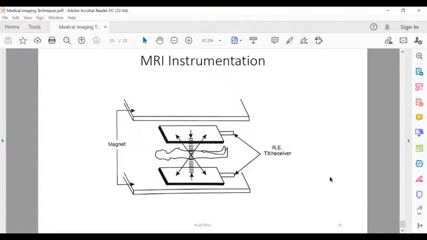There are several MRI techniques available, like the ECG-gated spin echo technique, which provides a static image with a high signal to noise ratio for evaluating anatomy problems.